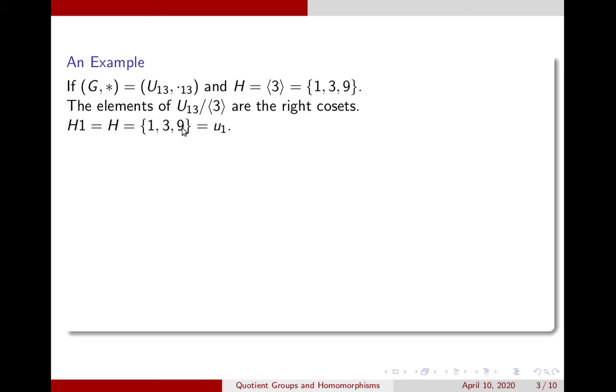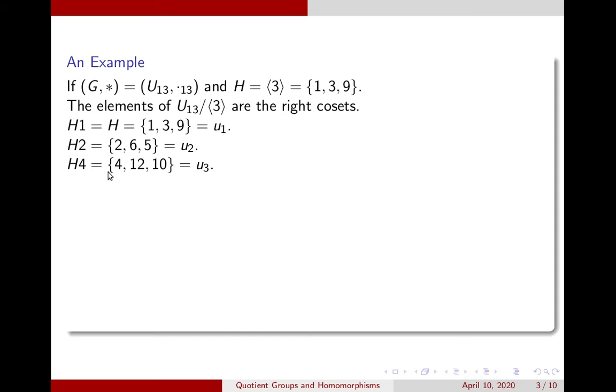We'll call that U1. There's the right coset determined by 2. This we get by multiplying each element of H by 2 in U13: 2, 6, 5. We will call that U2.